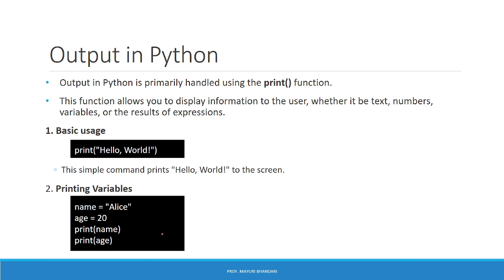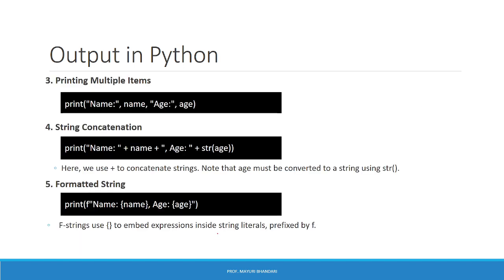Alice and 20. तो सिंपली इसका आउटपुट होगा Alice, और इसका होगा 20. ऐसा आपको आउटपुट मिलेगा. लेकिन if you see this third statement, print name and age, तो ये कैसे print होगा? पहले तो ये print होगा name, then colon Alice, right, and then age colon 20. Getting the difference? ये string print होंगे, उसके बाद उसके values print होंगे.